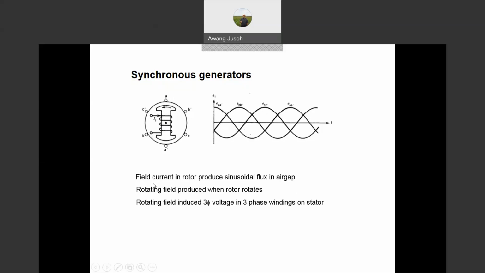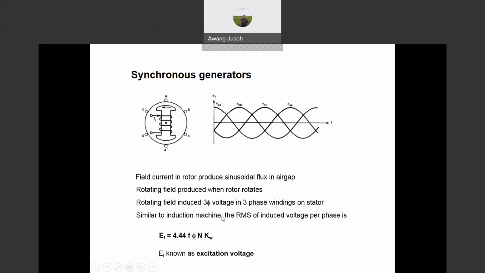Here the field current in the rotor produces a sinusoidal flux in the air gap. The rotating field is produced when the rotor rotates, and the rotating field induces three-phase voltage in the three-phase winding of the stator. Similar to the induction machine, the RMS of the induced voltage per phase is given by this formula.